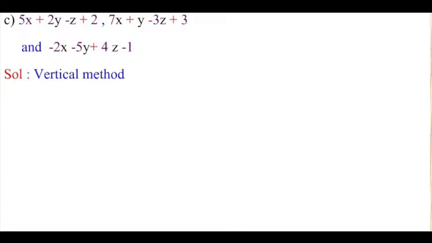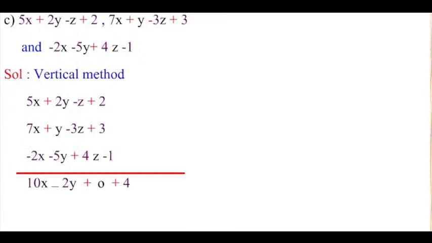Solution, vertical method. 5x plus 2y minus z plus 2, 7x plus y minus 3z plus 3, negative 2x minus 5y plus 4z minus 1. The answer is 10x minus 2y plus 0 plus 4 equals 10x minus 2y plus 4.